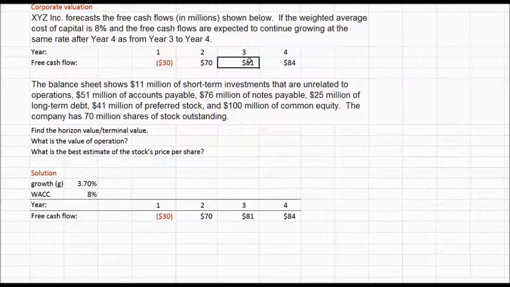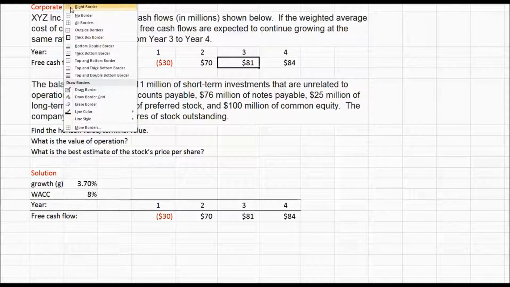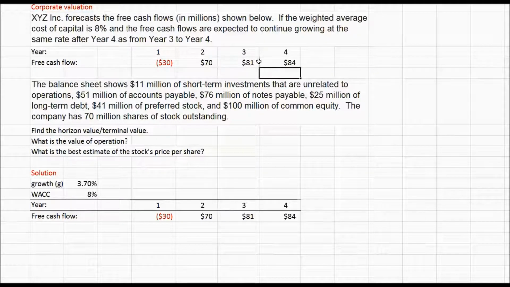After year 3, let me put a sign here, the cash flows grow at a constant rate. That is a very important point to note because you need to find the terminal value. Terminal value means the value of all future cash flows at that time.